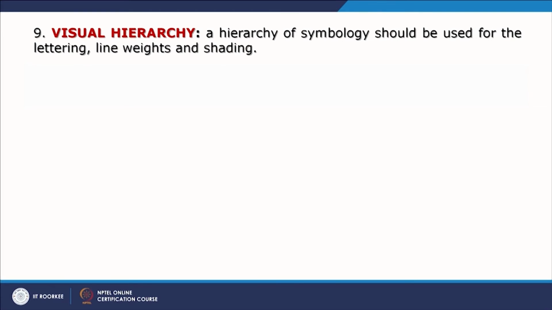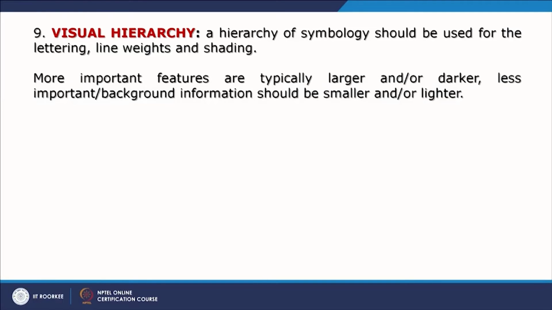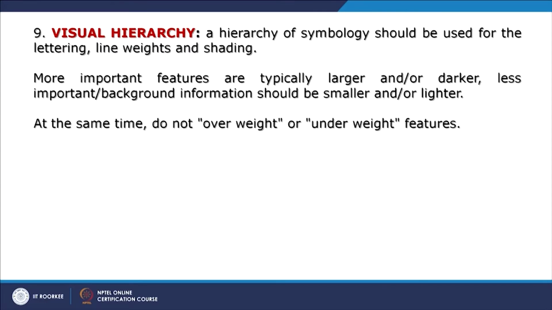A hierarchy of symbology should be used for the lettering, that means writing, line weights and shading. More important features are typically larger. Whatever you want to emphasize, you should emphasize, and the other information should be there, but should not be emphasized too much by large size or fluorescent or attractive colors.